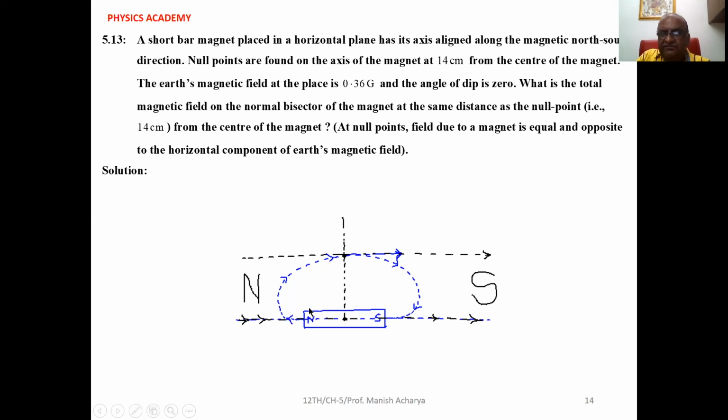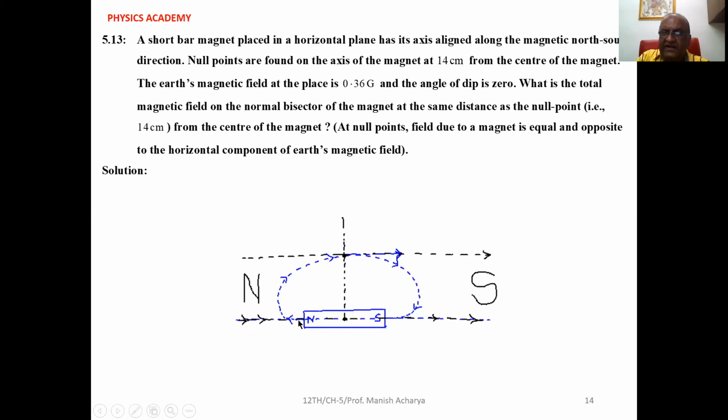So if the magnet is placed in such a way that the north pole of the magnet is towards the north and the south pole of the magnet is towards the south of the external field, then the magnetic field of your magnet on its axis will be in the direction of its dipole moment, south to north. So in this particular direction, which is represented here by this blue arrow.